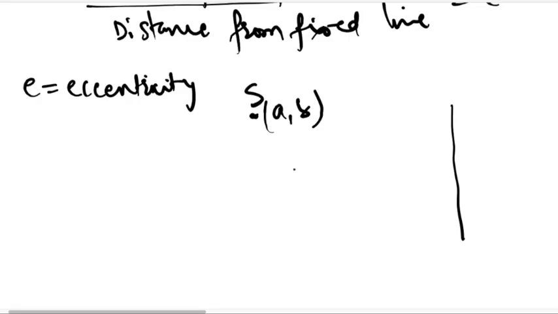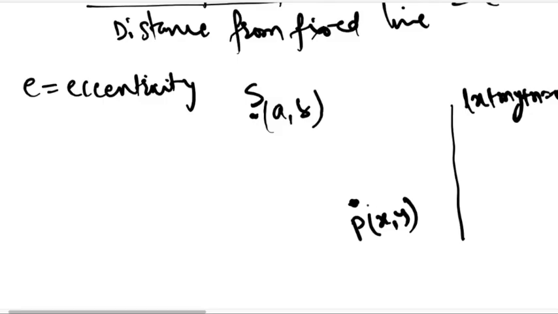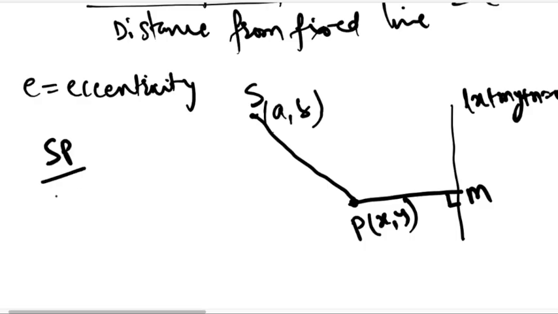We define this as S. We have taken a fixed line as Lx plus My plus n equals to 0, and we have taken one variable point which is P, whose coordinate we have taken x comma y, and the intersection of the perpendicular line from P to this line is M. So we define this ratio as SP divided by PM equals to E.